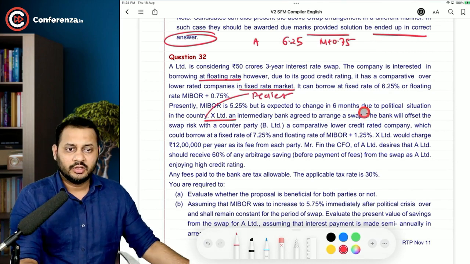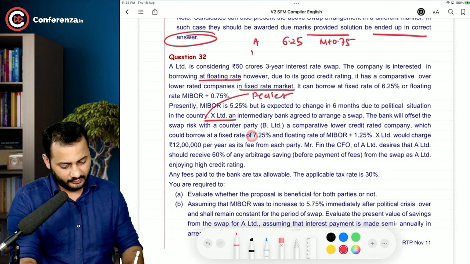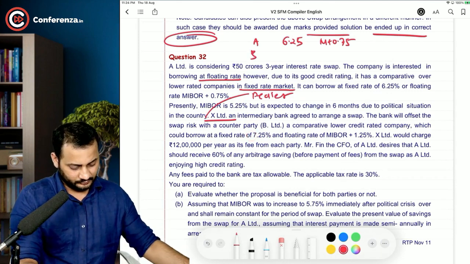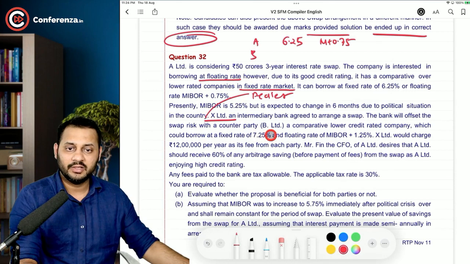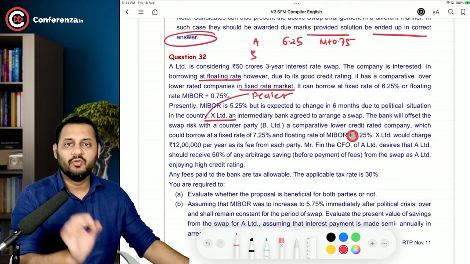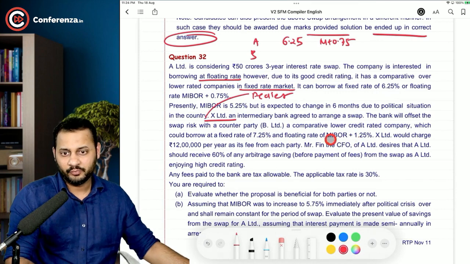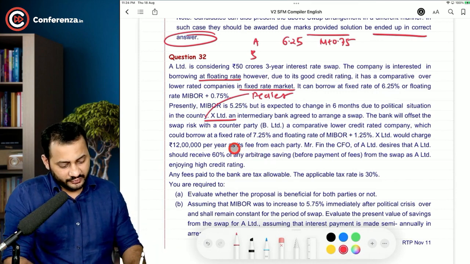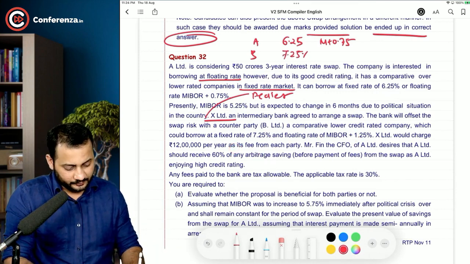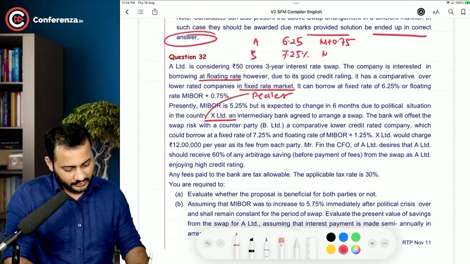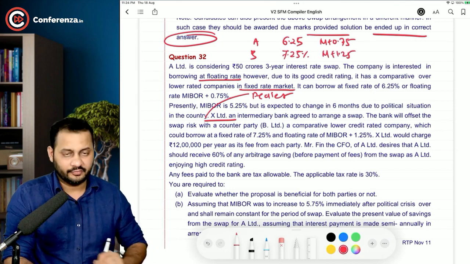The bank will offset the swap risk with a counterparty B Limited, a comparatively lower credit rated company. So the credit rating of this company is not that good, which could borrow at a fixed rate of 7.25. You can see that. And MIBOR plus 1.25.